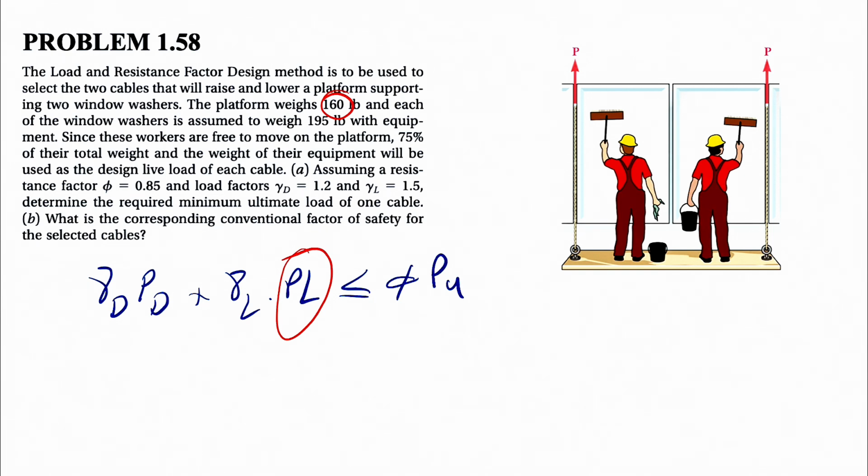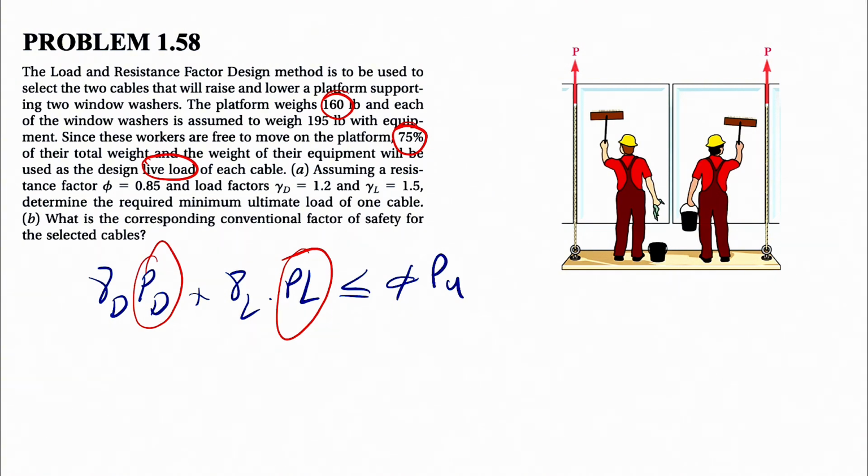And the weight of washers is 195 with all the equipment and everything, so 195 for each washer, and here we have two. These workers are free to move on the platform. 75% of their total weight will be used as the live load. So we only have 75% of the whole weight as a live load.